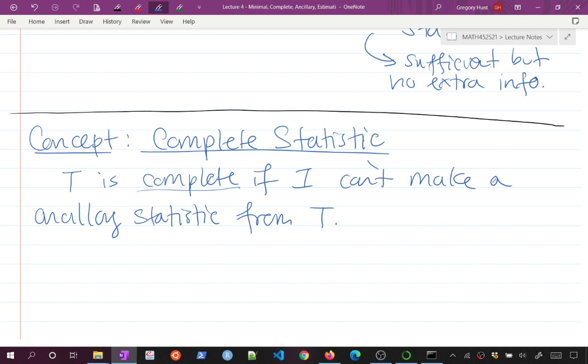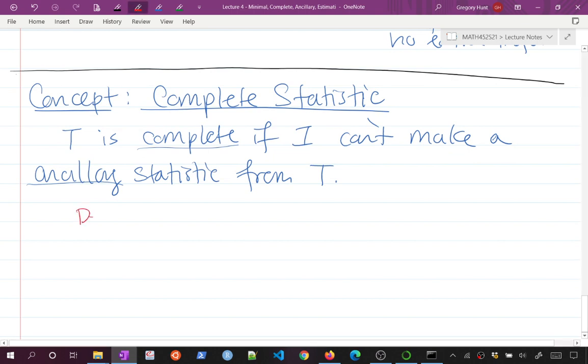I can't make it ancillary. So a complete sufficient statistic basically means I cannot. It's so powerful a statistic you can't in any easy way get rid of its dependence on theta. Its distribution will always in some way depend on theta, unless I do something really trivial. And there's no non-trivial way to turn it into something that doesn't depend on theta.